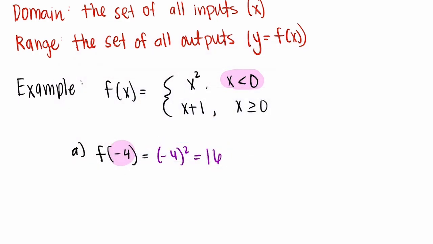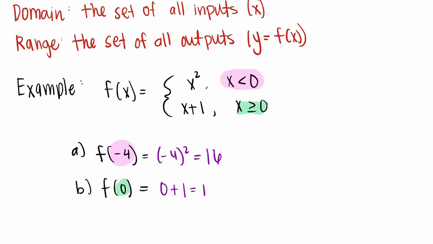Okay. What if I asked you to find f of 0? Which of these would I use if I said find f of 0? We use the bottom one. Why are we using the bottom one? Because we have that equal to. And so this would be 0 plus 1, which is 1.